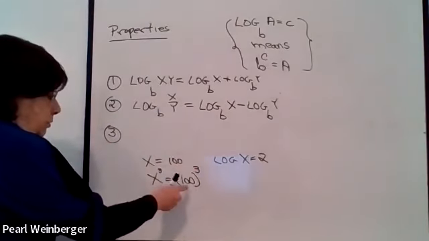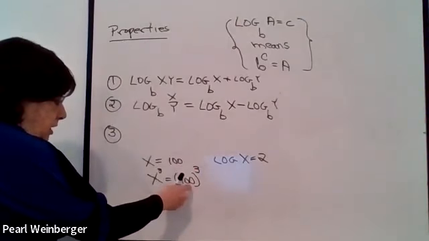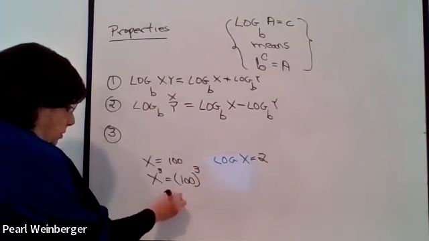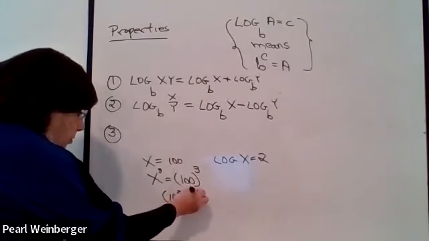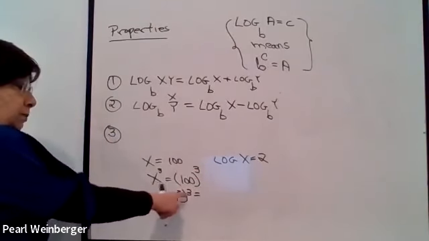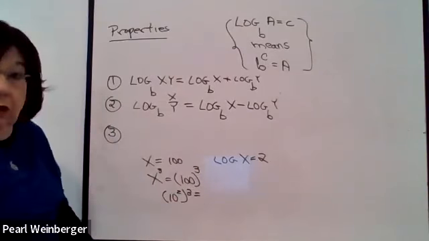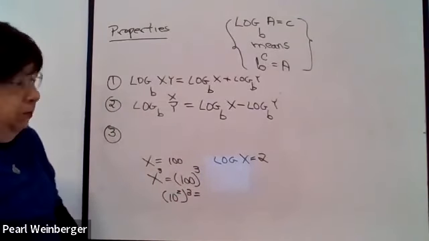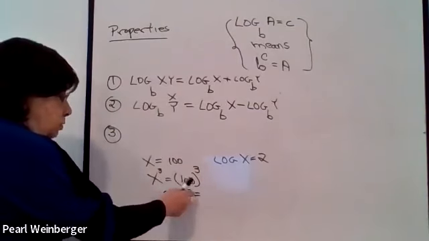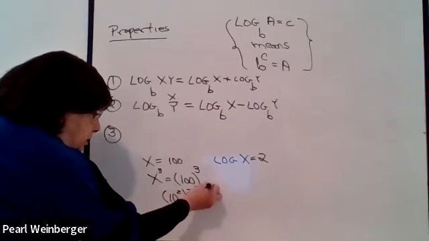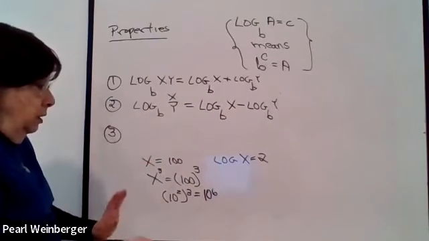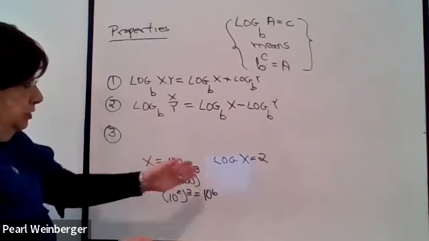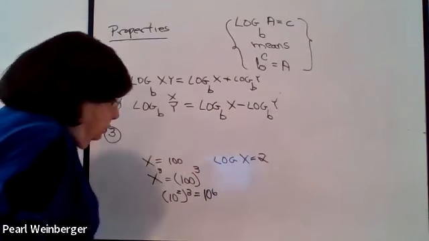Now, the easy way to do this is to change the 100 to 10 squared. This is the same as saying 10 squared to the third power. And we know when we have two exponents on a number, what we do to the exponents is multiply them. This becomes 2 times 3, so it becomes 10 to the 6. So let's see how this works out in terms of the logs.